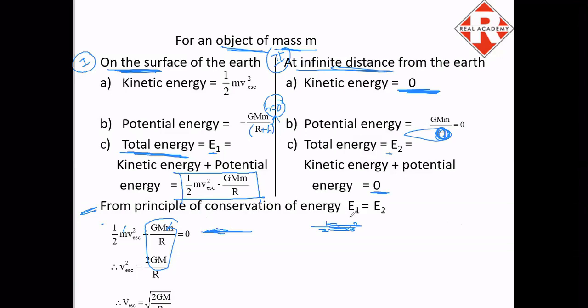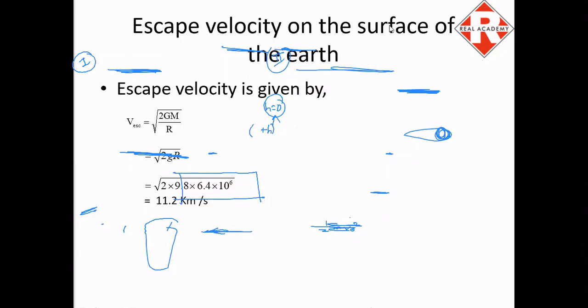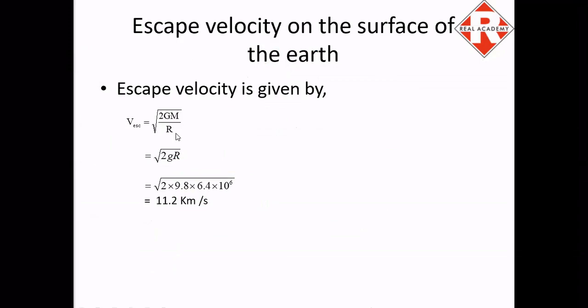Okay. Now how do we find the value? Now we already know small g, the formula for acceleration due to gravity is GM upon r square, right? So can you see what is done over here? We already have this. Now what I'll do is, inside the root I will multiply by r in the numerator as well as in the denominator.